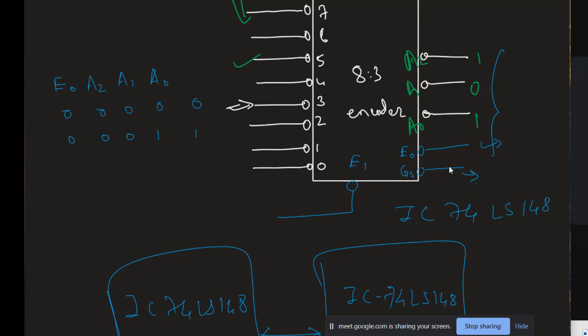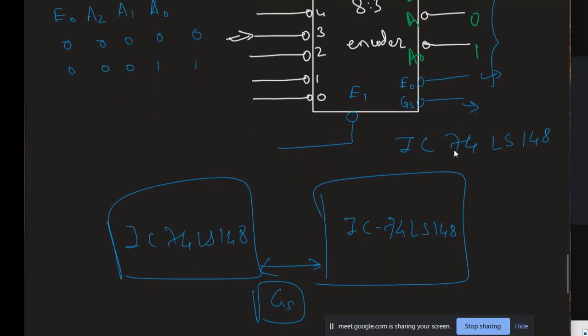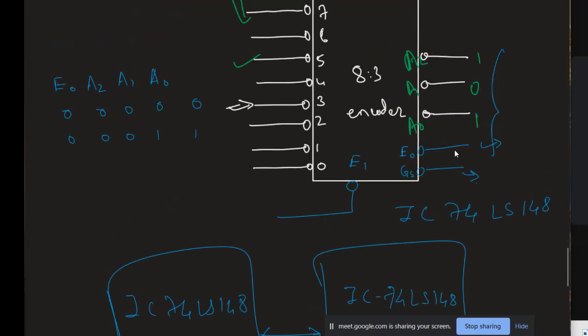Here I would like to mention one more thing, and this is a very important thing when I talk about active low and active high. Please listen to this part very carefully, because it might confuse you for a while, but you should not confuse yourself with this.